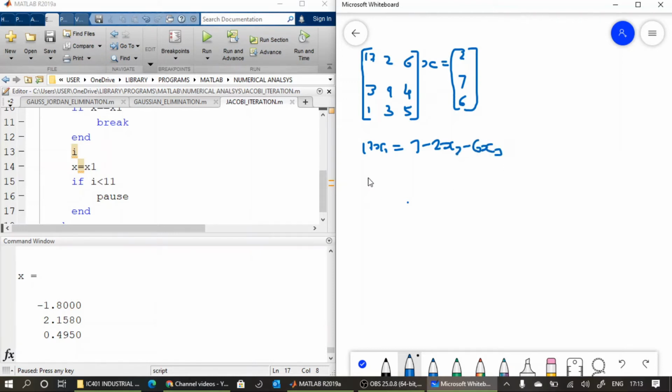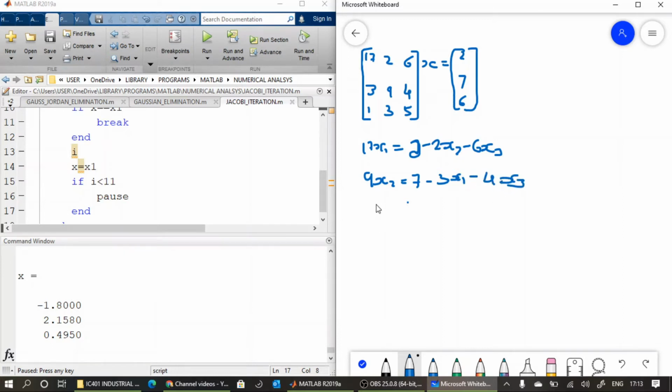Then the next one: 9x2 is equal to 7 minus 3x1 minus 4x3.